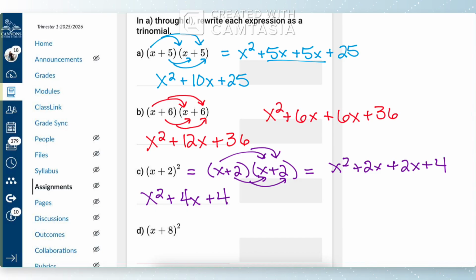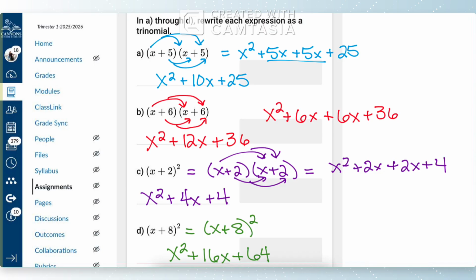Yep, that one's right. And then this last one, again, we could rewrite, but hopefully we're starting to notice the pattern, which is really what the last question is going to ask about. To get our first term, we get x squared. Then we're going to have an 8x and another 8x, so that's 2 times that middle number, which would be our 16x. And then our last number is going to be 8 times 8, which is 64.